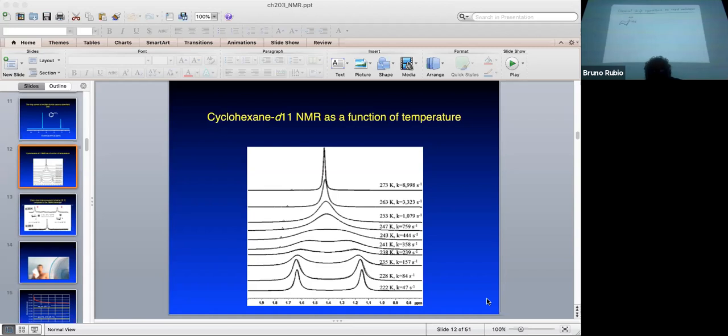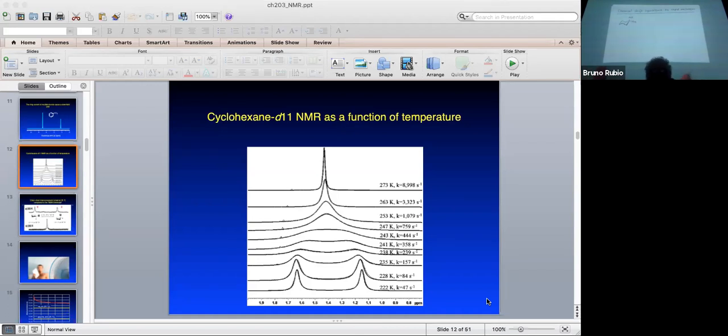But we see that at 273 Kelvin, we don't see 2 signals, we see one signal. Well, that's not what we were predicting based on symmetry. We're predicting two signals, but now as you cool the sample down, so here they've gone from 273 Kelvin to 222 Kelvin, as you cool the sample down, now you start seeing the two signals.